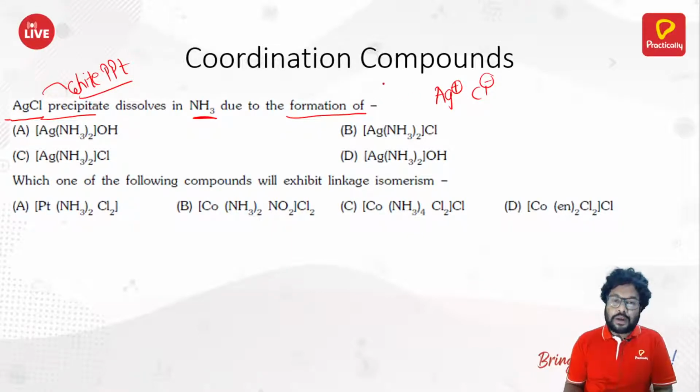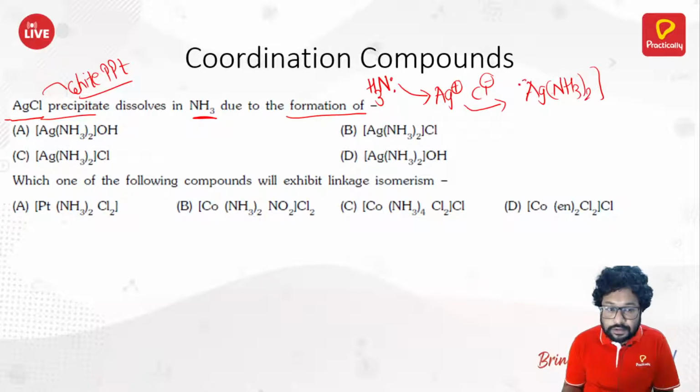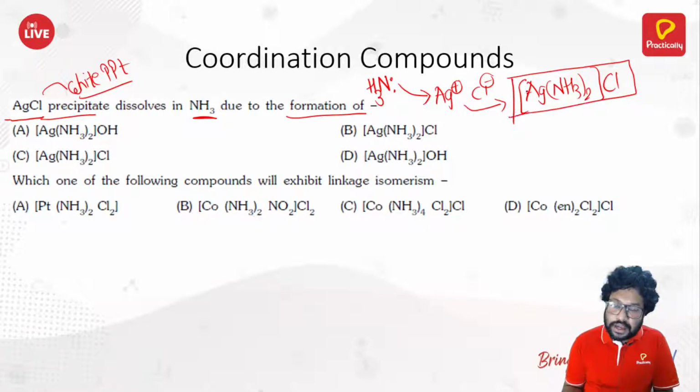As soon as you put ammonia into it, ammonia does what? Ammonia starts donating its lone pair to the Ag+. And there are two lone pairs which get donated to the Ag, which is the silver salt, and that gives you [Ag(NH3)2]Cl. It gives you this complex.